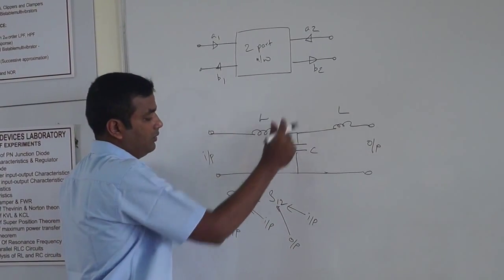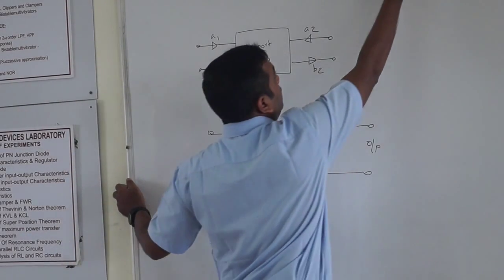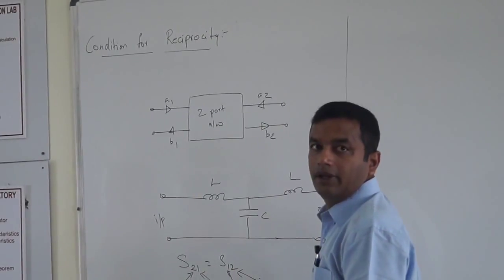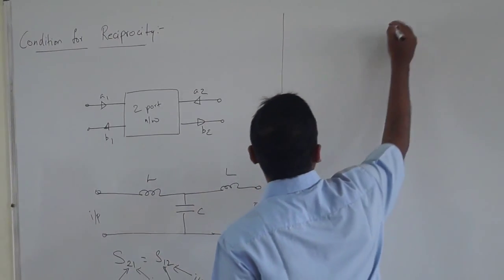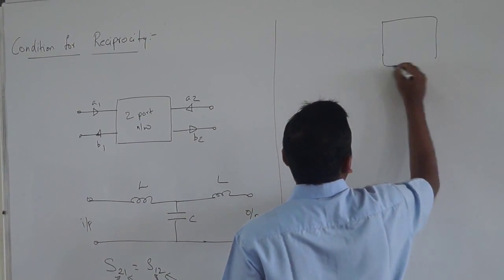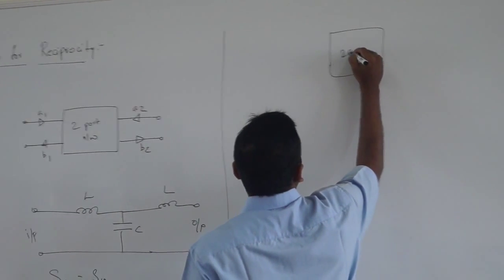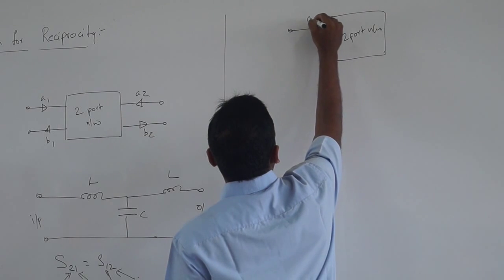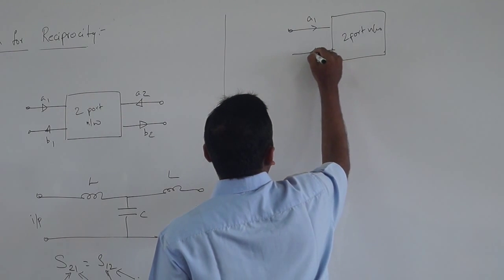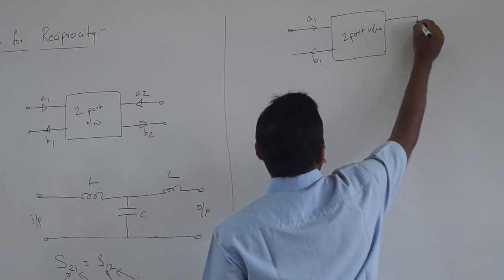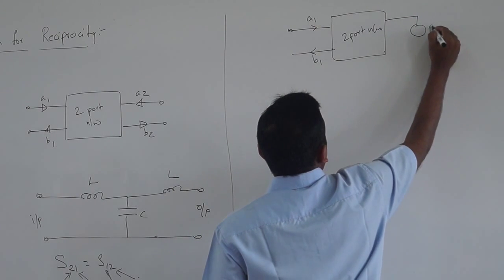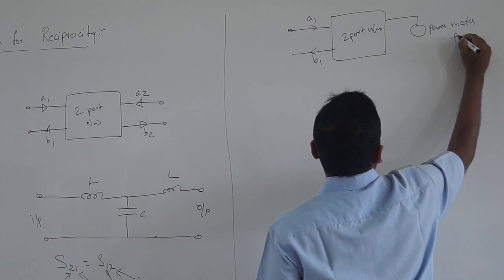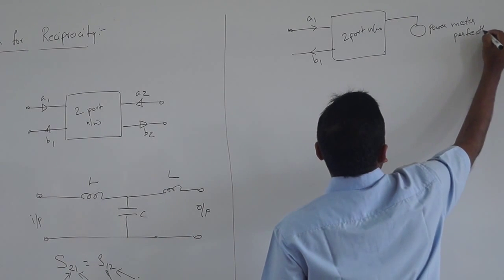Okay, so let's show that. Say I have a two-port network. I give an input A1 to the network. This will be my reflected signal B1. Let's connect the output to a power meter, in a perfectly matched condition.